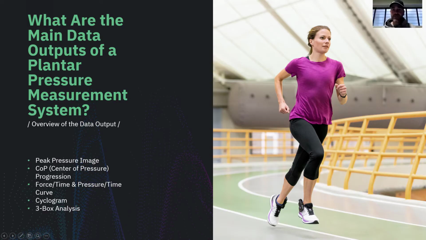Okay, let's start with the overview of the data output in plantar pressure measurement. The first question is, what are the main data outputs of a plantar pressure measurement system? We will focus in this webinar on 5 main types of data sets.